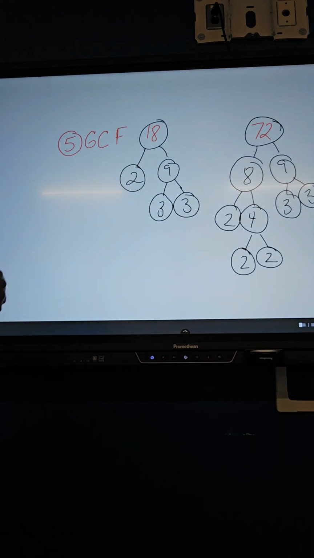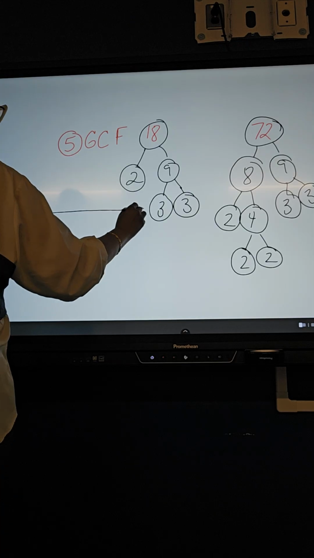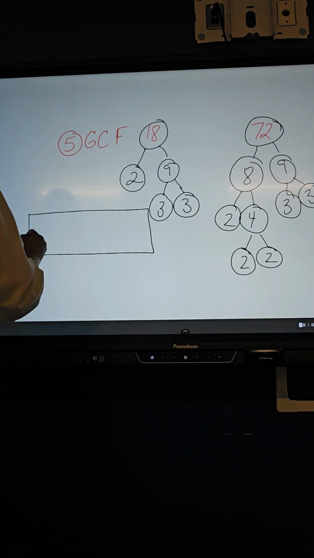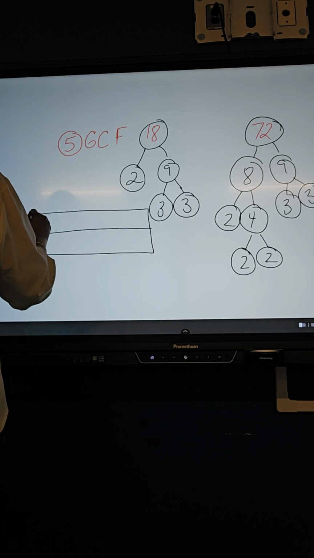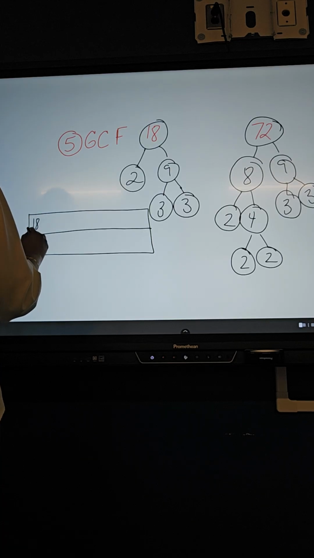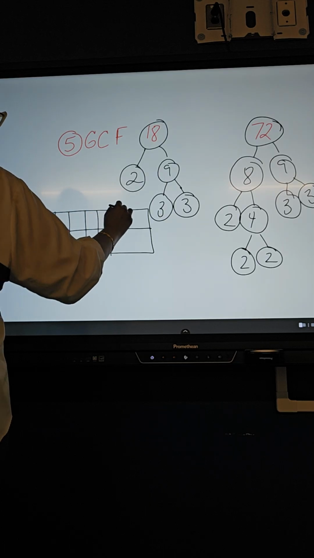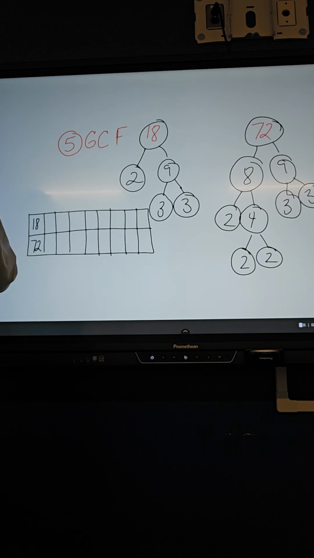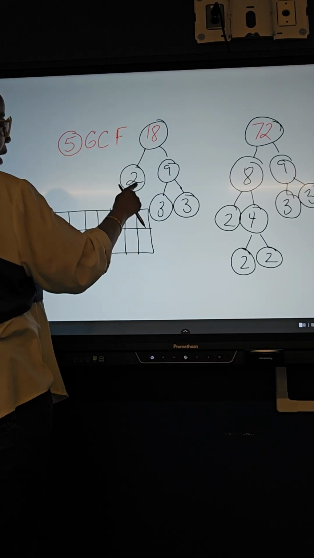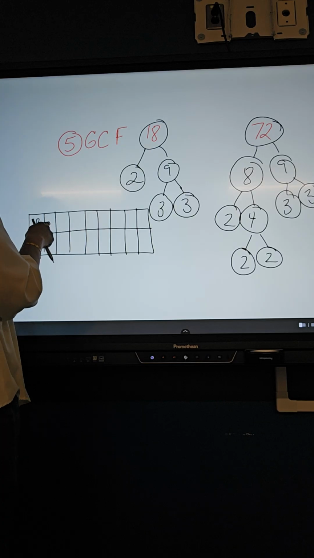Okay, so now we can create our chart. We have 18. We have 72. All right, now I look at my 18 and I find all my prime numbers and I put it in the chart next to 18.